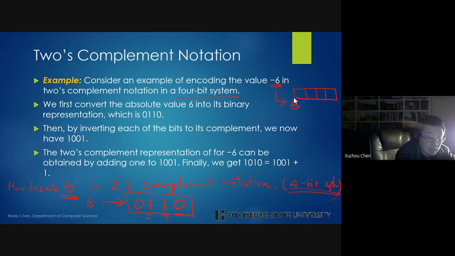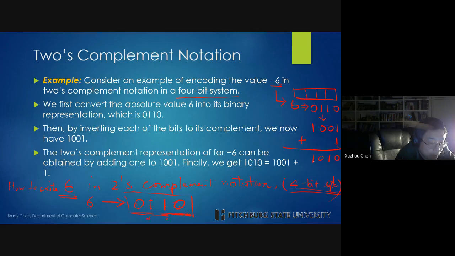Then I write 6 in the binary system, that's 0110. Then I invert each of the bits: 0 becomes 1, 1 becomes 0, 1 becomes 0, 0 becomes 1. Now after inverting each of the bits, I add 1 to it. So 1001 plus 1, that's 1010.